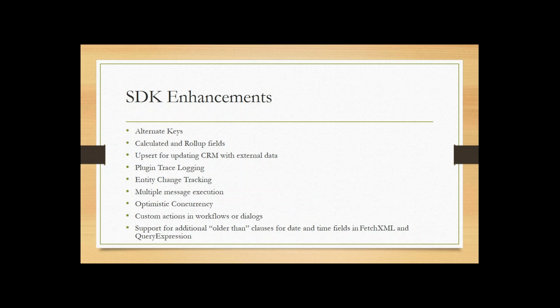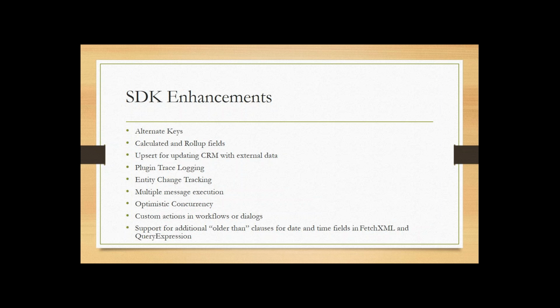The next point is calculated and roll-up field. Calculated fields were introduced in CRM 2015. Now in Update 1, they have enhanced some of the features. We will now be able to calculate the difference between two date fields in minutes, hours, days, weeks, months, or years.